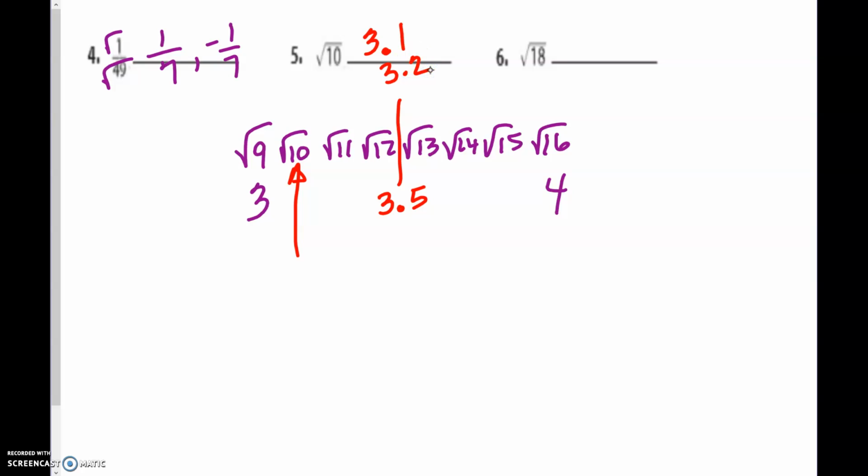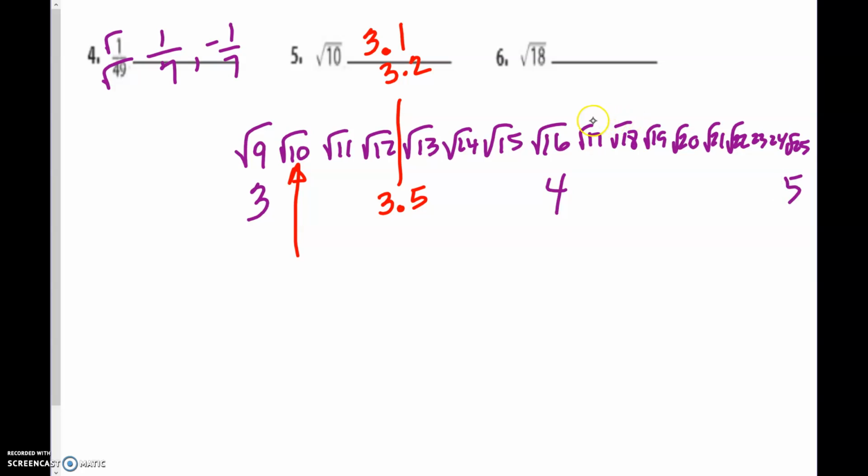All right, square root of 18. If you look here, I stopped at 16, but 17 and 18 would be shortly after. And 19, 20, 21, I think I'm going to run out of room, 22, 23, 24, and 25 would be the next perfect square.